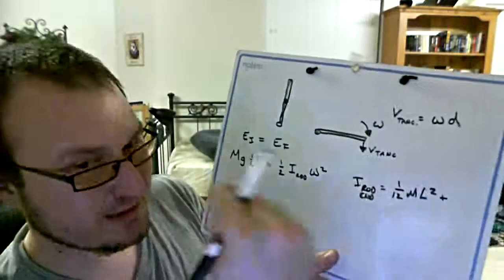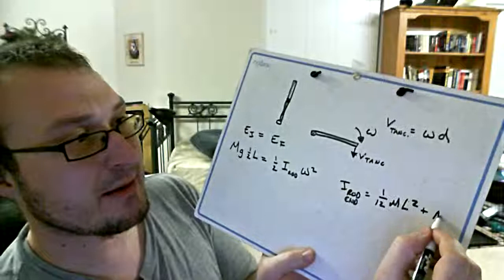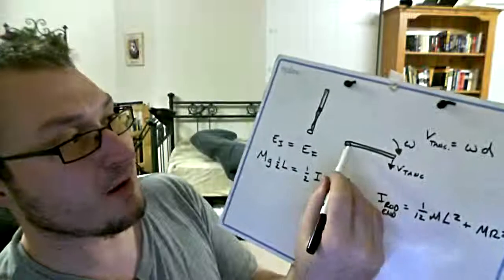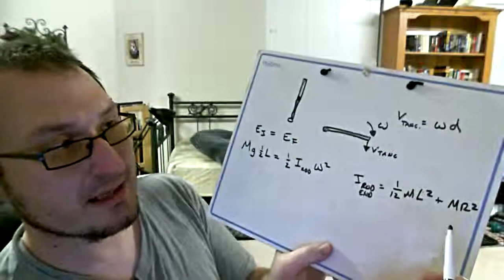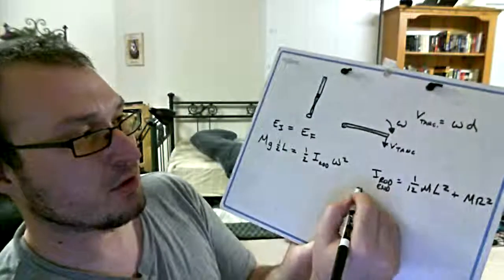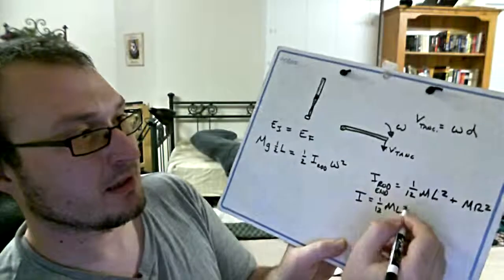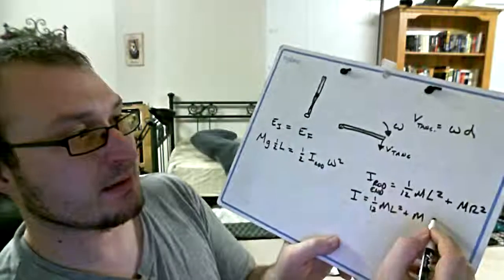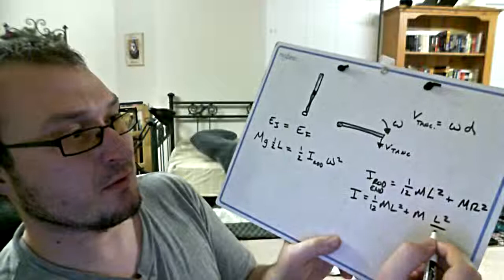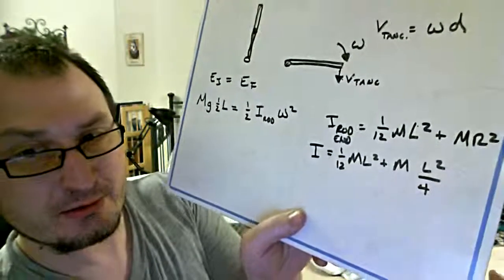That's the way I see it in my head when I do parallel axis theorem calculations. So then I get mr squared, where r is the distance out to the center of mass, which is L over 2. So my I is going to be 1/12 mL squared plus m times L squared over 4. I've squared everything there already.